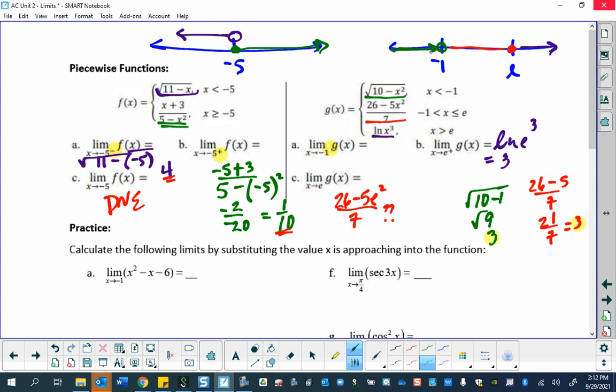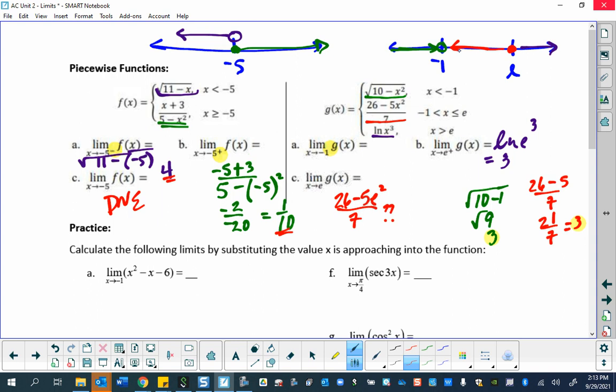When I'm talking about approaching negative 1 from the right, I'm talking about this red function. Insert negative 1. Negative 1 squared is 1. 5 times 1 is 5. 26 minus 5 is 21. 21 divided by 7 is equal to 3.